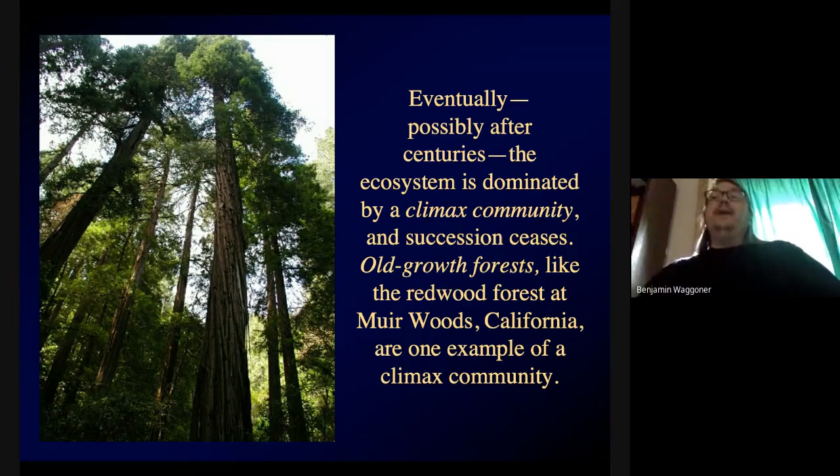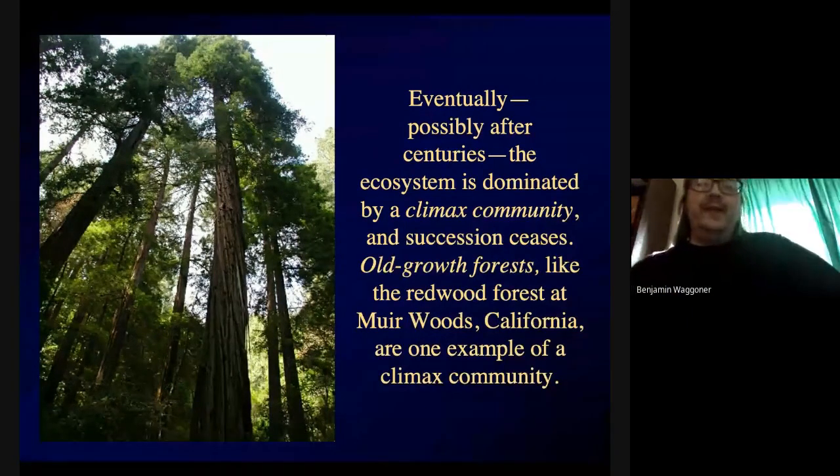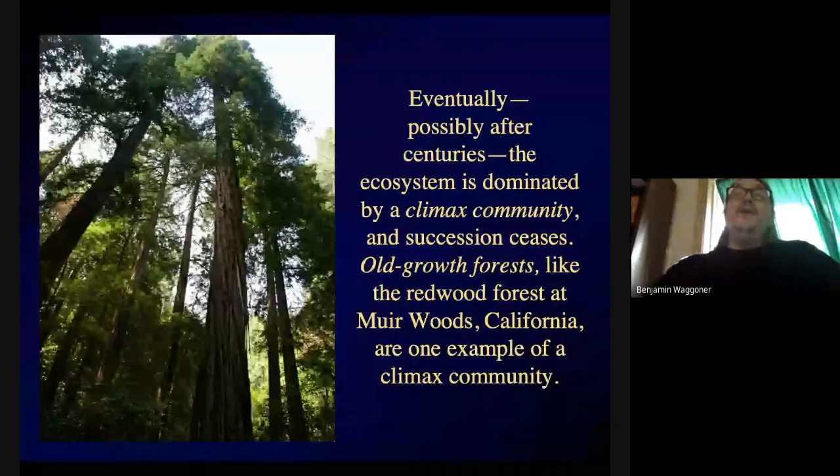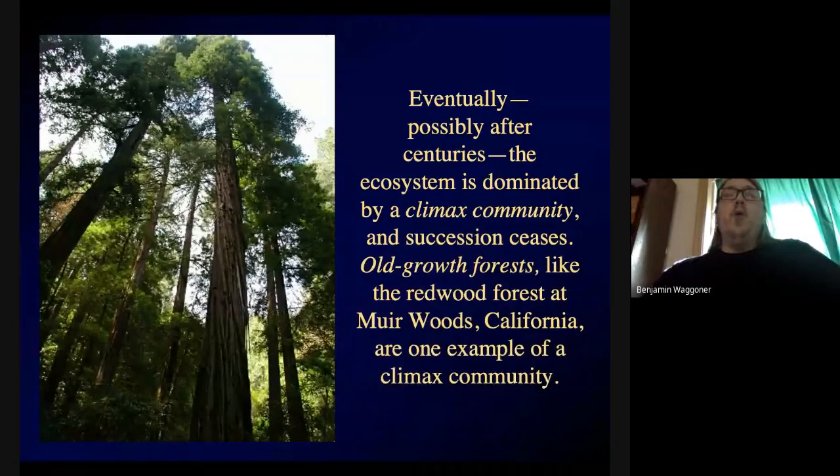And eventually, the ecosystem is dominated by a climax community, which is basically the end of the line. This picture was taken in a beautiful place that I've visited, Muir Woods, California. This is a climax community of a type called old growth forest.